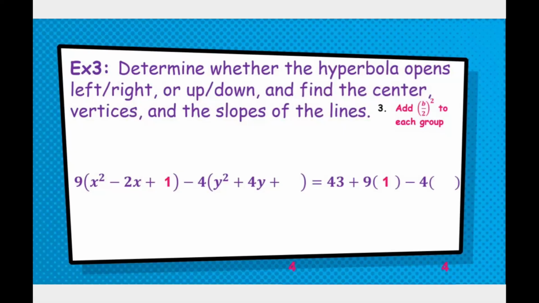And notice on the right side, I put that 9 and that -4 there, so it would remind me that I'm not really adding 1, I'm adding 1 times 9 because I factored out the 9. So on the other side, if I'm adding 9 to one side, I need to add 9 to the other side. On the second group with the y's, I'm going to do 4 divided by 2, which is 2, and I'm going to square 2, which is 4. So I'm going to add 4, but I'm multiplying that by the -4 that I factored out right here.